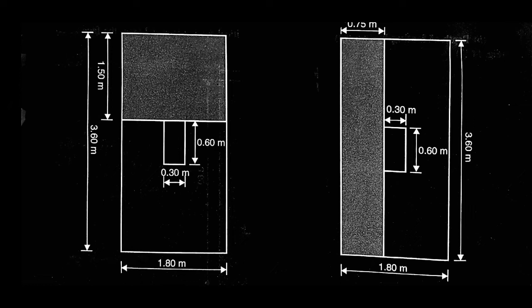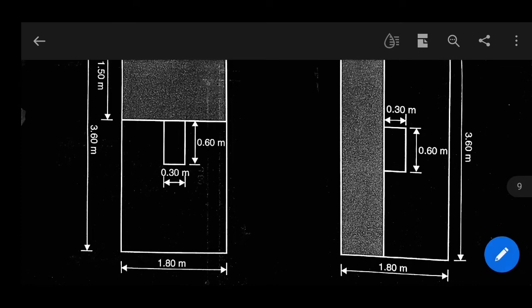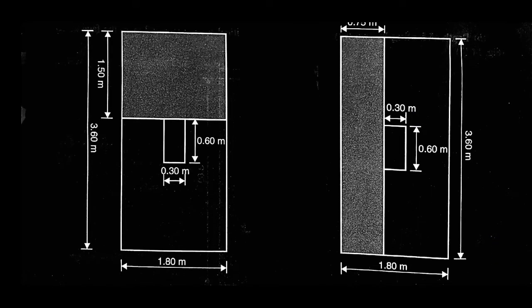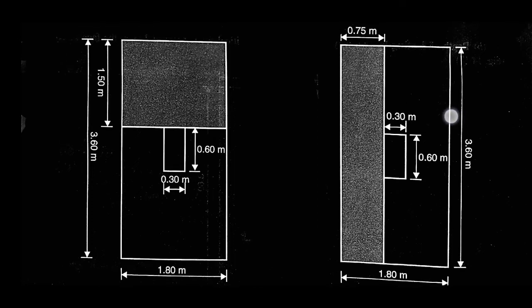For the shorter direction, the length along the y-axis is 3.6 minus 0.60 by 2, that is equal to 1.50 meter.